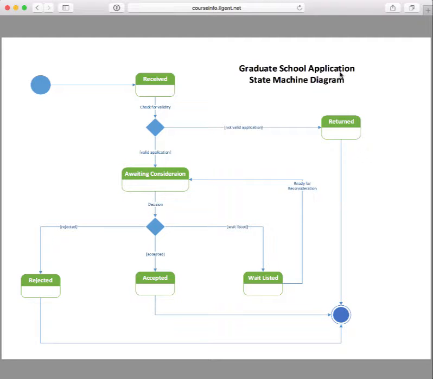What we're looking at is the graduate school application process. And I thought, well, what's the major entity in this process that we're trying to track? Well, it's the application itself. Okay, and it's not just the application in a paper sense. You know, when I used to apply to graduate school, you would actually send in paper. You really don't do that anymore. You just ship in a bunch of electrons.